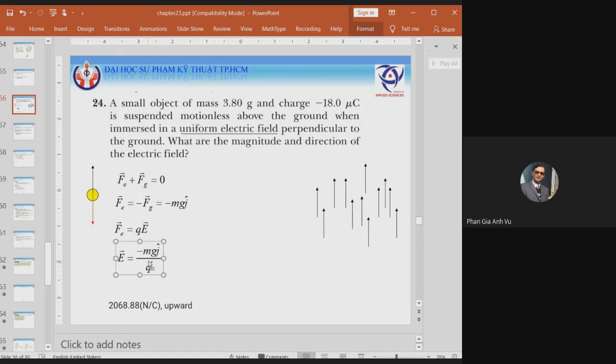Okay, so when you substitute the numerical values here, what do you get? I have here minus mg, m is 3.8 gram. So I have to multiply that with 10 to the power minus 3, multiply with j, multiply with 9.8. Remember, we have here 9.8. And you can add the unit into the formula, no problem.